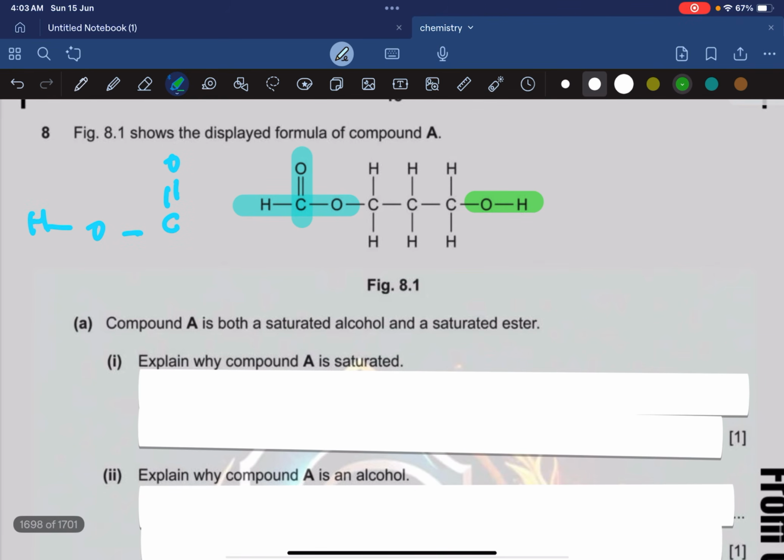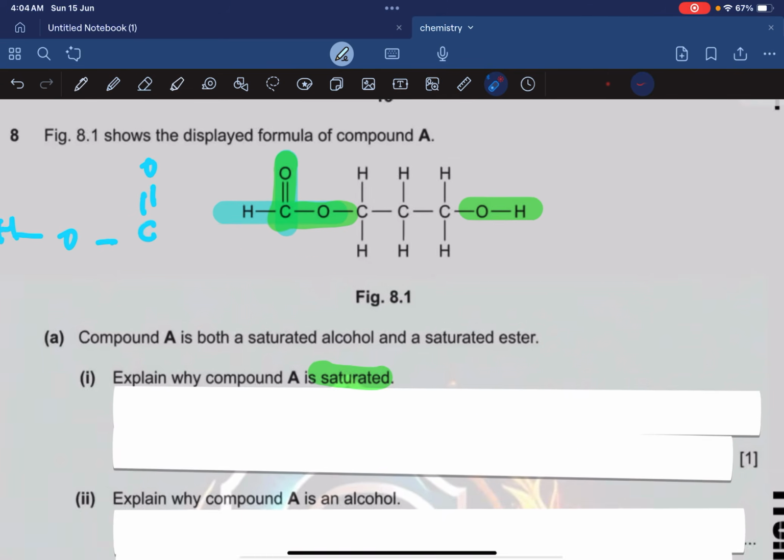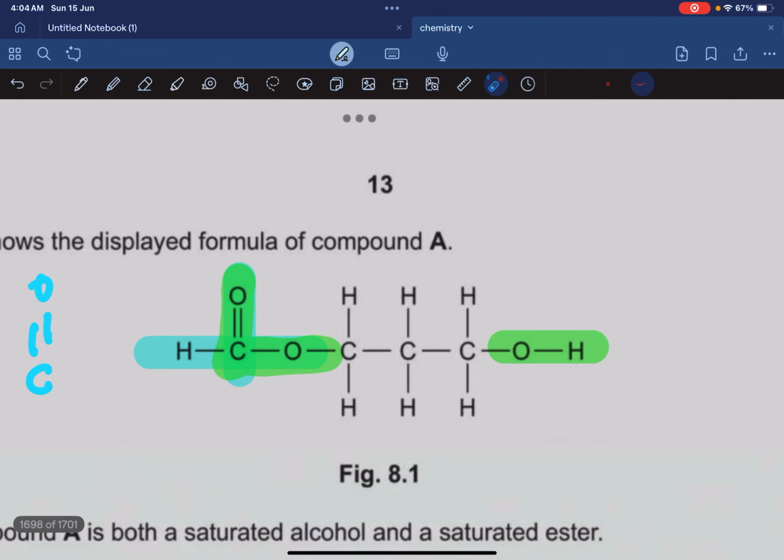Compound A is both a saturated alcohol and a saturated ester. Why is it an ester? Because we have an ester linkage over here. Explain why compound A is saturated. Saturated means all carbon bonds are single. If you think that saturation just means that all bonds are single, that's incorrect, because all bonds are not single.